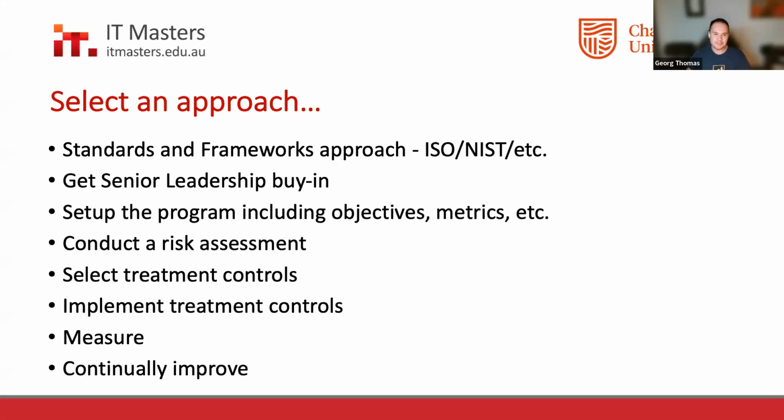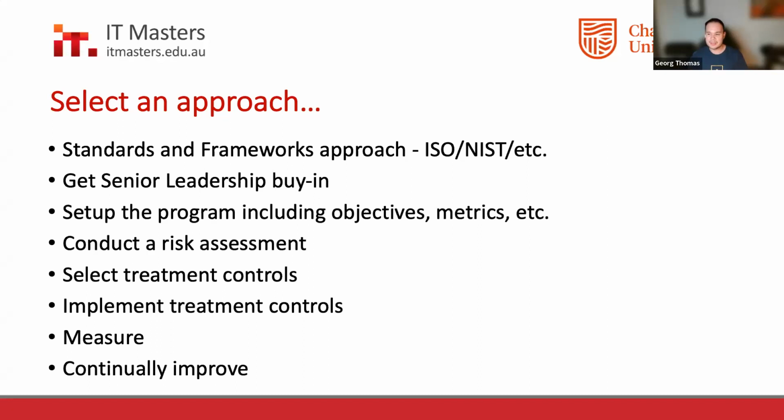The next thing would obviously be to get senior leadership buy-in, because you need buy-in from executives and senior leadership to help implement a lot of those things, make sure that the organization is adopting any changes and is funding any projects that you need to do, all that sort of stuff.